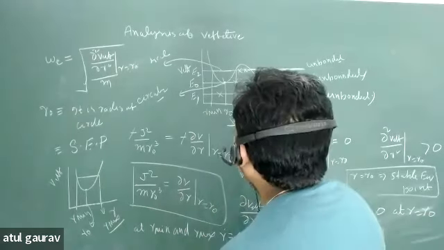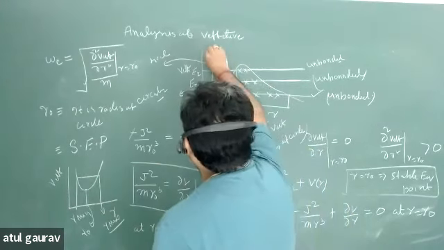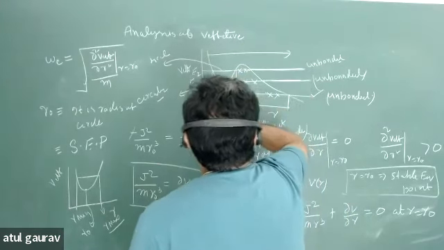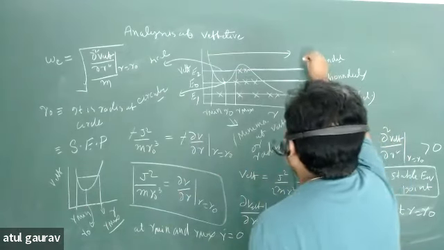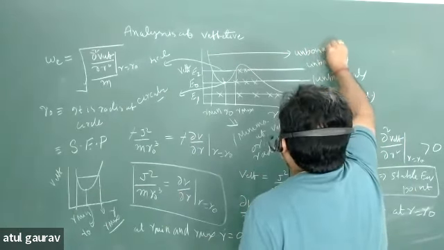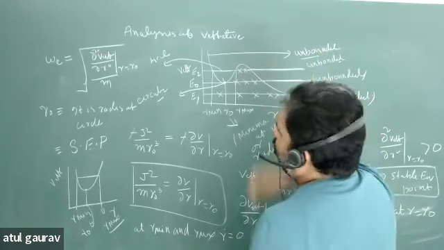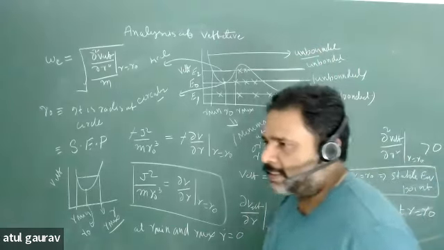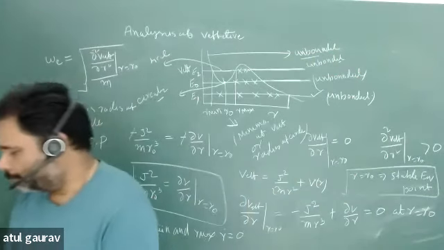And last but not least, if I have this sort of orbit, is it bounded or unbounded? Unbounded. Okay. So this is all about the qualitative analysis of your effective potential.